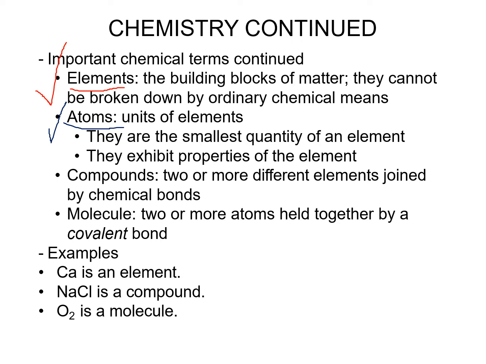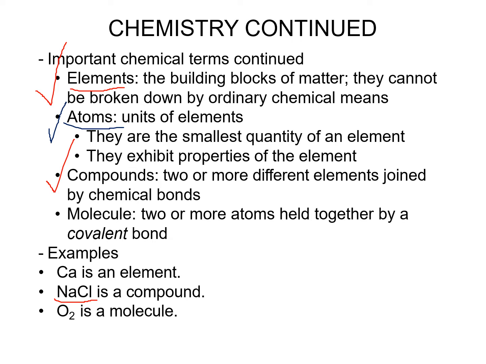Now in chemistry and in our body, we like to combine several of these atoms. And when we put two or more different elements together, we get something called a chemical compound. You can see the example here on the bottom. One that we're going to talk about frequently is salt, NaCl.